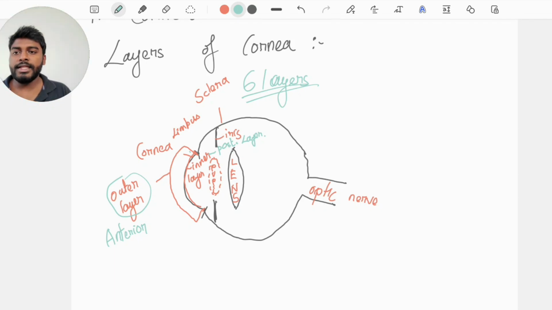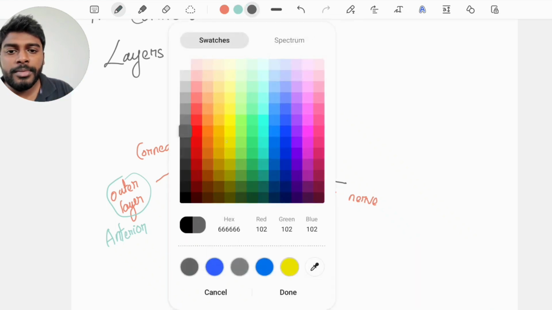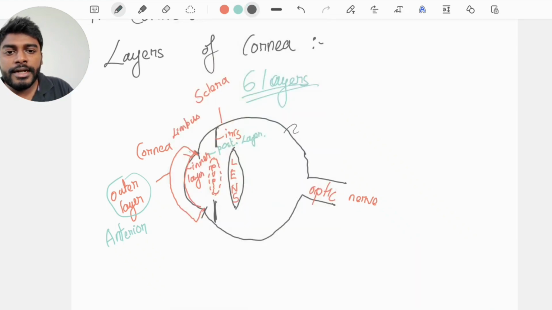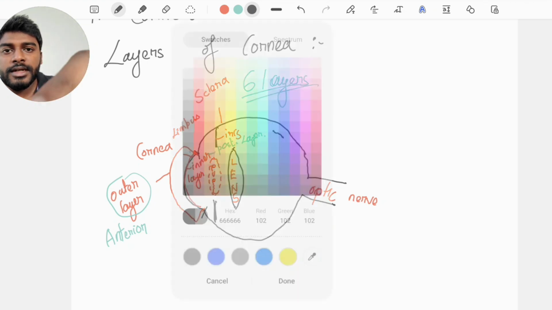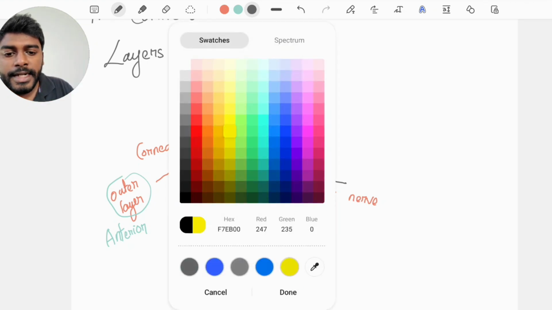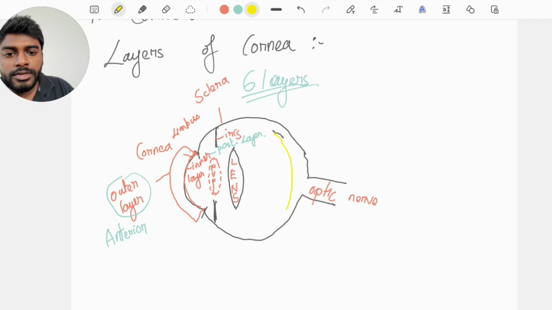Not only here, whenever we study anatomy, we should study from the anterior to the posterior side. Let me show you an example. Here lies the retina.